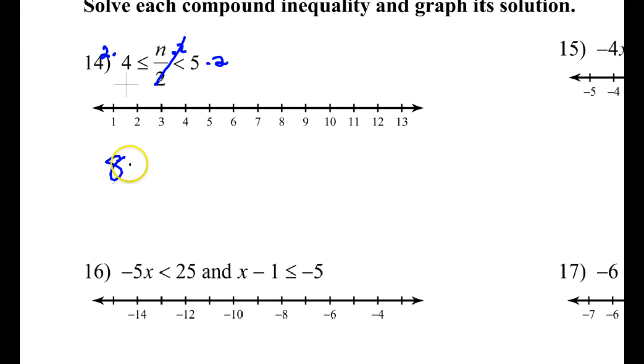We get 8 less than or equal to 10. So this is all the answers between 8 and 10. Notice how this one's an equal to, this one is not. So this one's a solid dot, this one's an open dot. Okay. So all the numbers between 8 and 10.